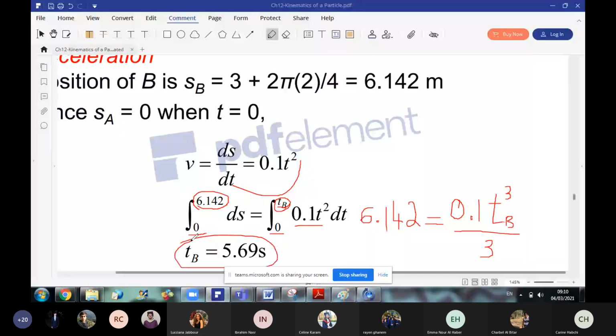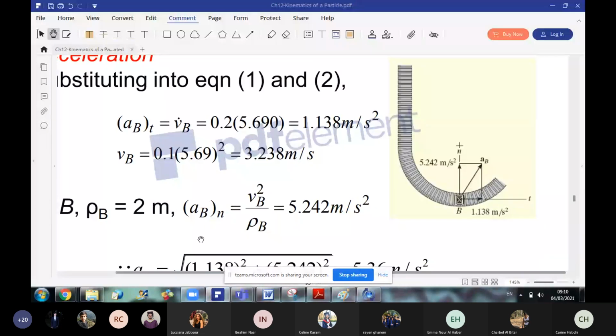Once I get the time needed to reach b, it will be very simple to calculate the acceleration at b, because first I say that the acceleration at b is divided into two components, AB tangential and AB normal. To start with, AB tangential: what is its expression? We saw that AB at any time is 0.2t. So all I have to do now is to replace t by its value at point B, I mean I replace t by tb.